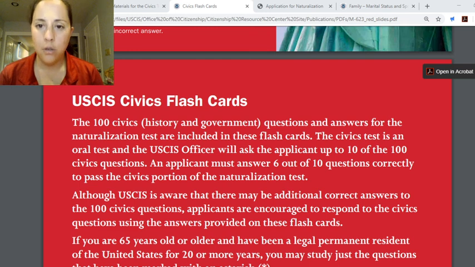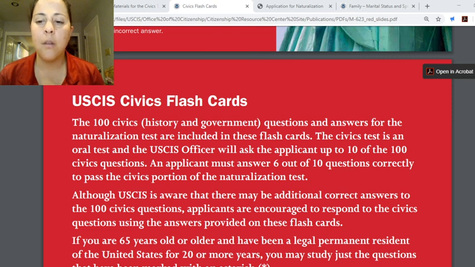Okay, so during the speaking test, the officer will ask the applicant up to 10 of the 100 civics questions. An applicant must answer 6 out of 10 questions correctly to pass the civics portion of the naturalization test.